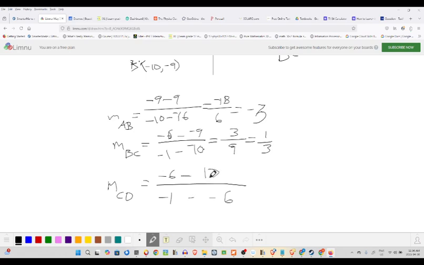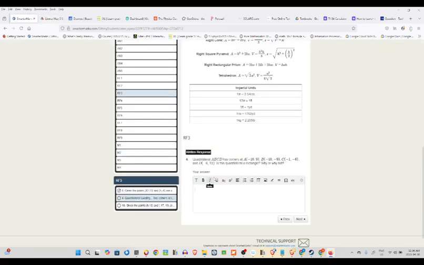And our y is 12. So that's a negative 18 over a positive 5. So this is not parallel to AB, nor is it perpendicular to BC. We could check the slope of DA, but it cannot work if one point doesn't work. So not a rectangle.